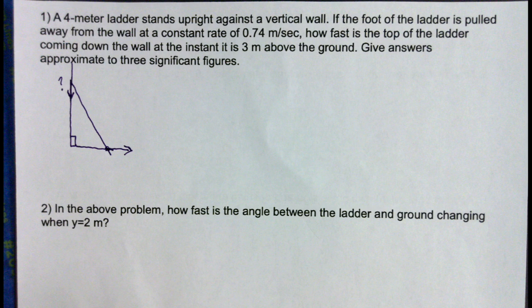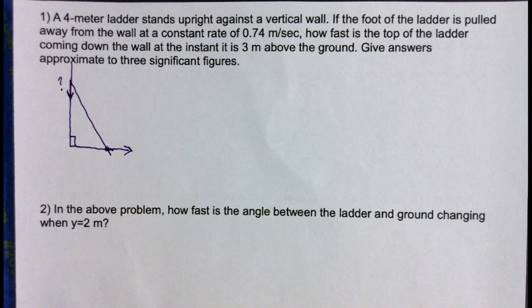So, I need some variables. I think I would like to call this L for the ladder. So actually that always equals 4. And you said, but Miss White, you said I couldn't plug anything in.